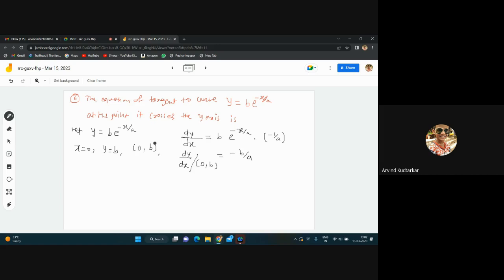If you know one point and the slope of a line, the equation of the line is obtained by using the one-point form. So what is that one-point form? Yes, the equation of the tangent.